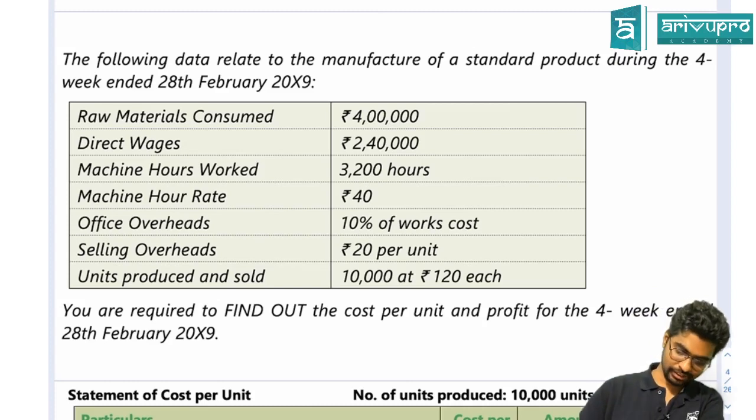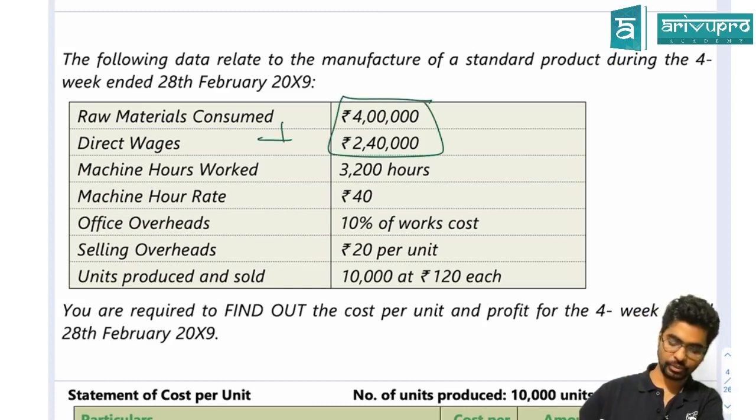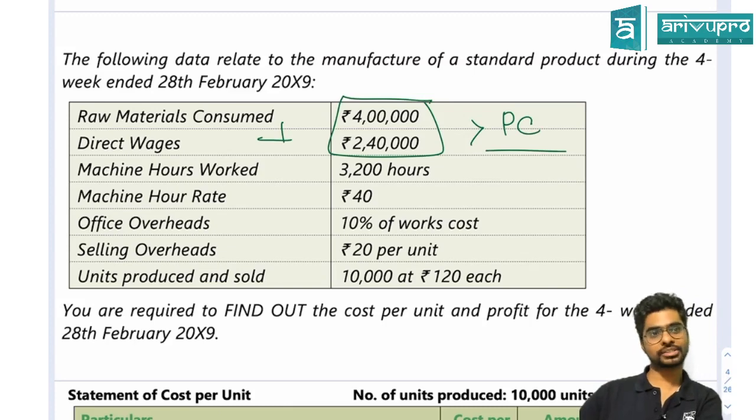Okay, first thing, I have raw material consumed plus direct wages. What do I call this as? Prime cost. Correct? Why is this required? Why are these two pieces of information required?